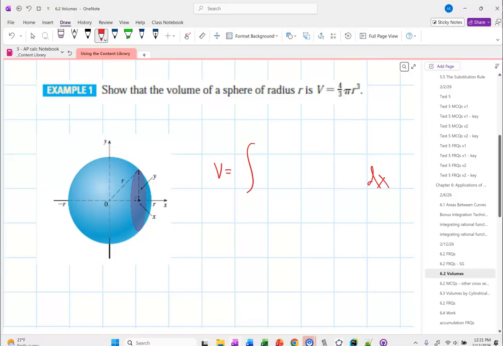If I'm slicing along the x-axis, I'm going to begin my slicing at the x-coordinate negative r, and I'm going to slice all the way until I get to the x-coordinate positive r. So those are going to be the bounds of integration for me. Is everybody okay there? Okay, so now let's look at this cross-sectional area.